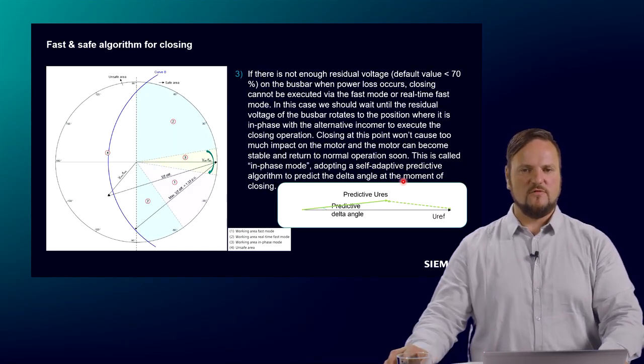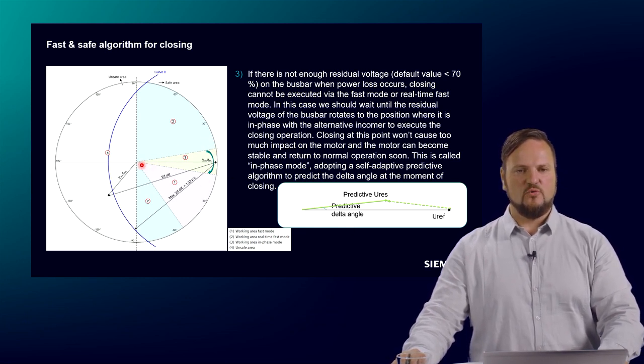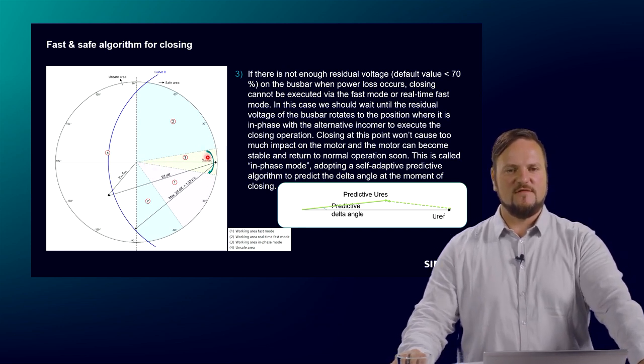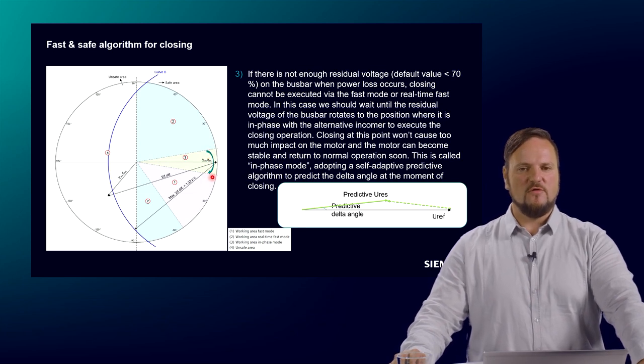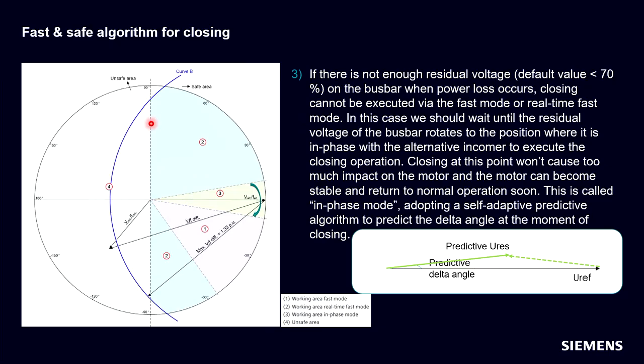Now we come to the third part, and when we talk about the third part, we talk about these green pieces of cake here. This is the in-phase mode or synchronous mode. That means our phasor is coming back. It is turning 360 degrees, and now we are equal to the reference voltage.